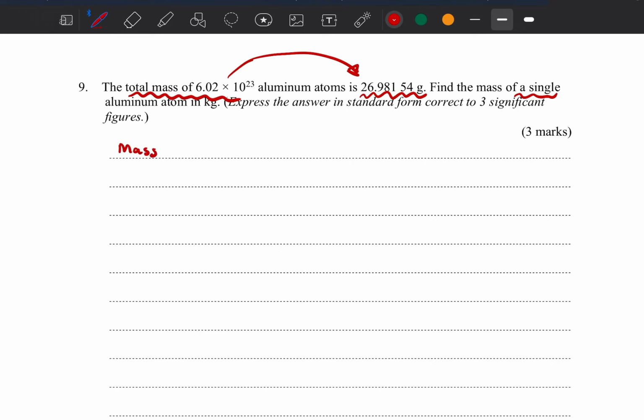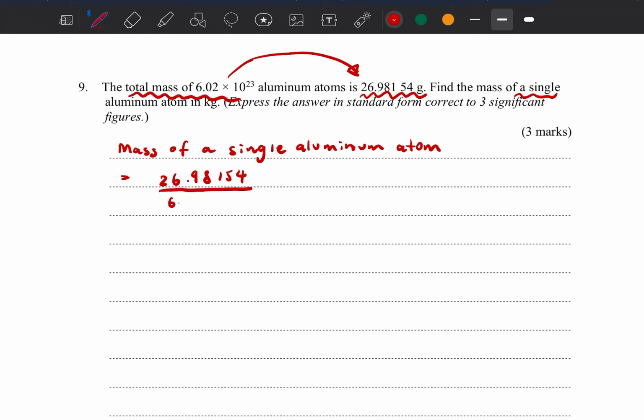So therefore, it's supposed to be the weight divided by the total mass. So mass of a single aluminium atom.